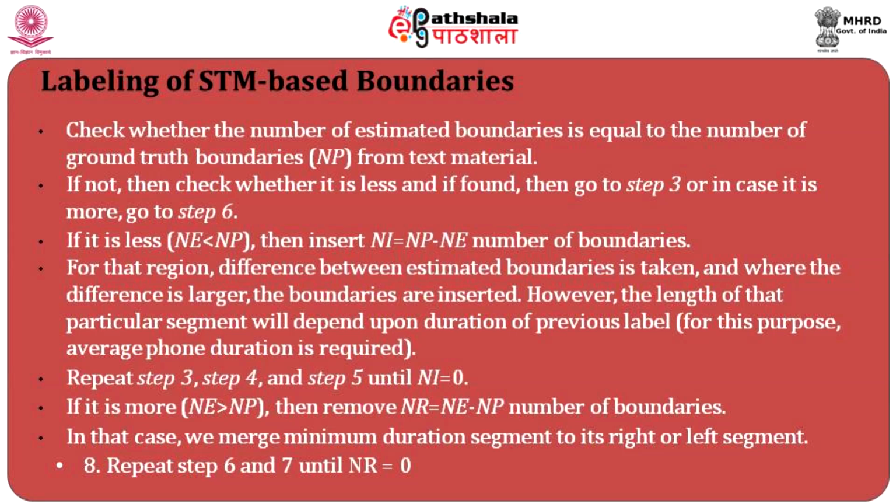Step number 5 is to repeat steps 3, 4 and 5 until Nr is 0. If it is more, that is, if Ni is greater than Np, then remove Nr, which equals Ni minus Np, number of boundaries. In that case, we merge the minimum duration segment to its right or left segment. Then again repeat steps 6 and 7 until Nr is 0.